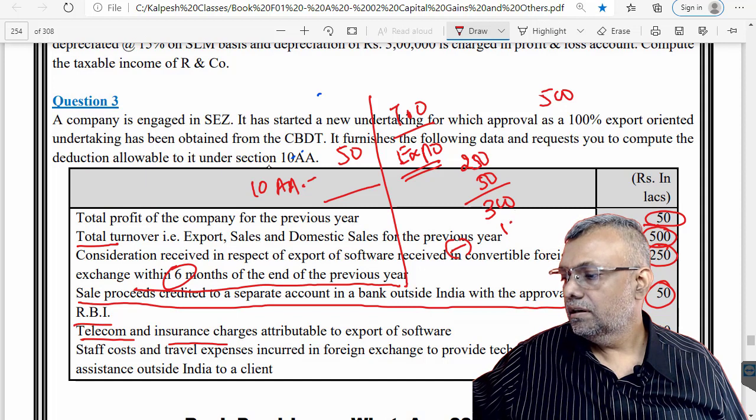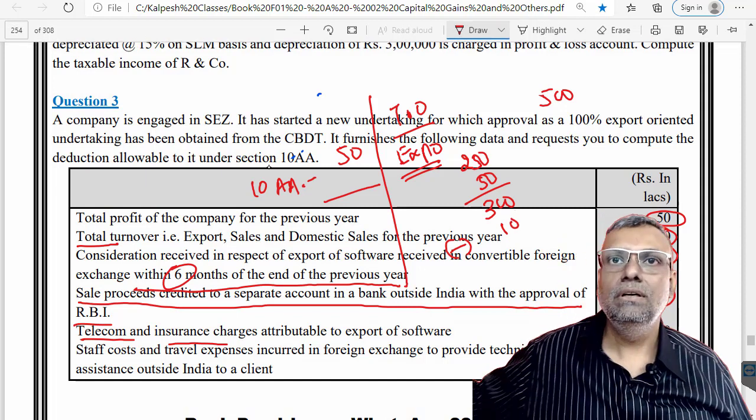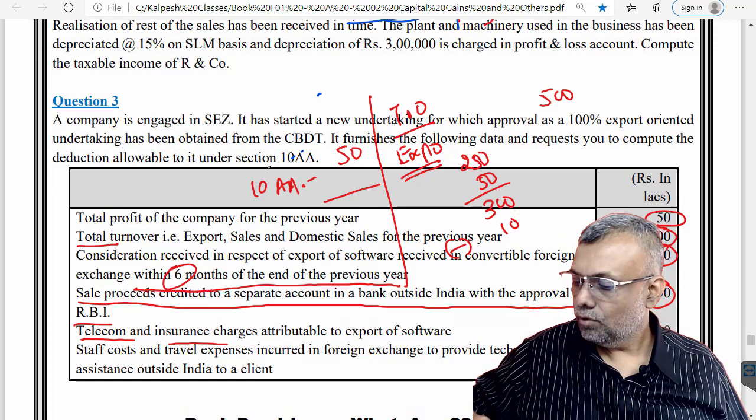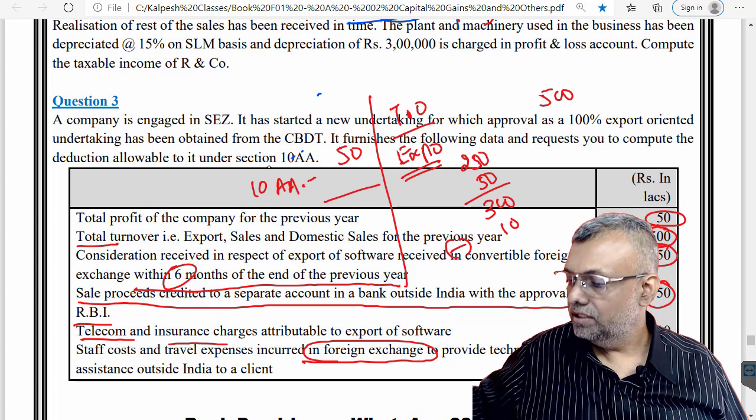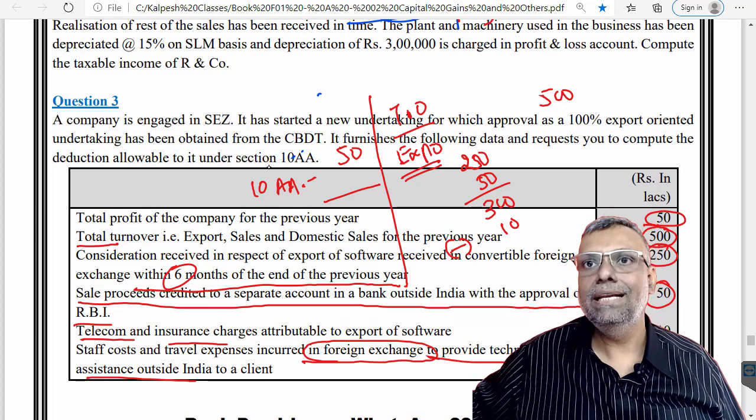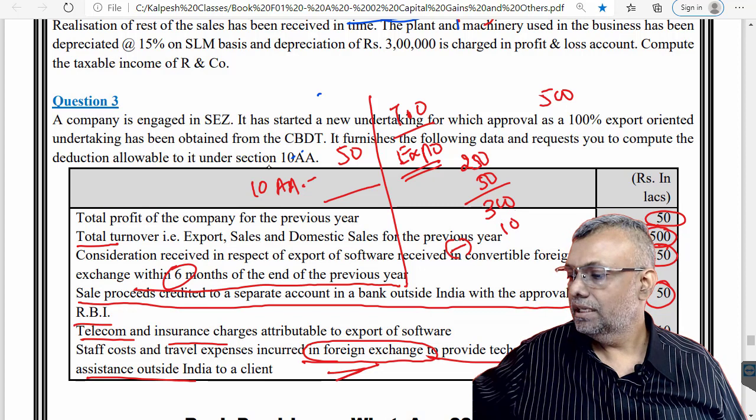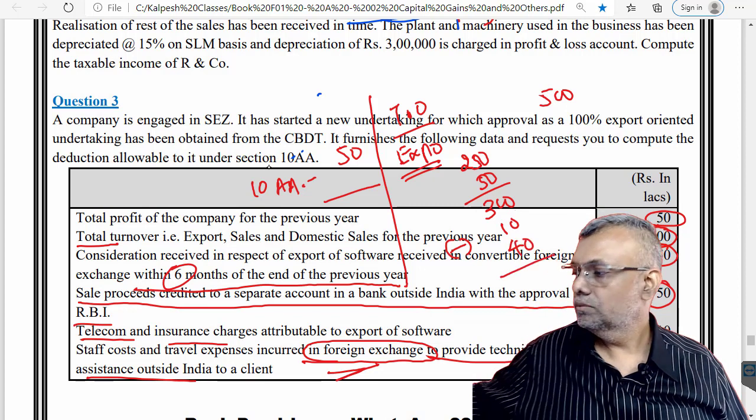Further, telecom and insurance charges are to be excluded from the export turnover. And the staff cost and travel expense in foreign exchange for the purpose of providing technical assistance are also to be deducted from the export turnover.